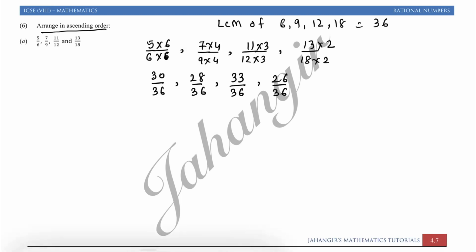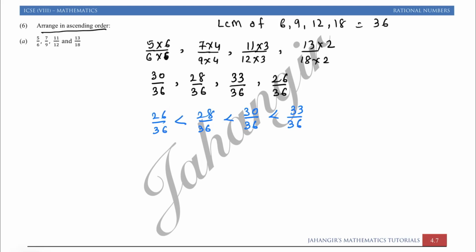Now let us arrange. The smallest is 26 by 36, so I will write 26 by 36 is smaller than 28 by 36 is smaller than 30 by 36 is smaller than 33 by 36.